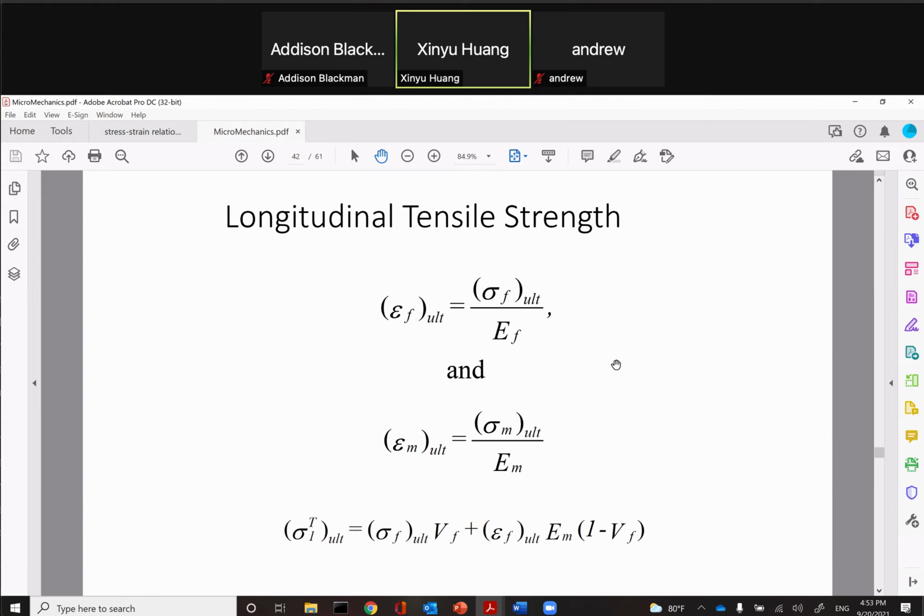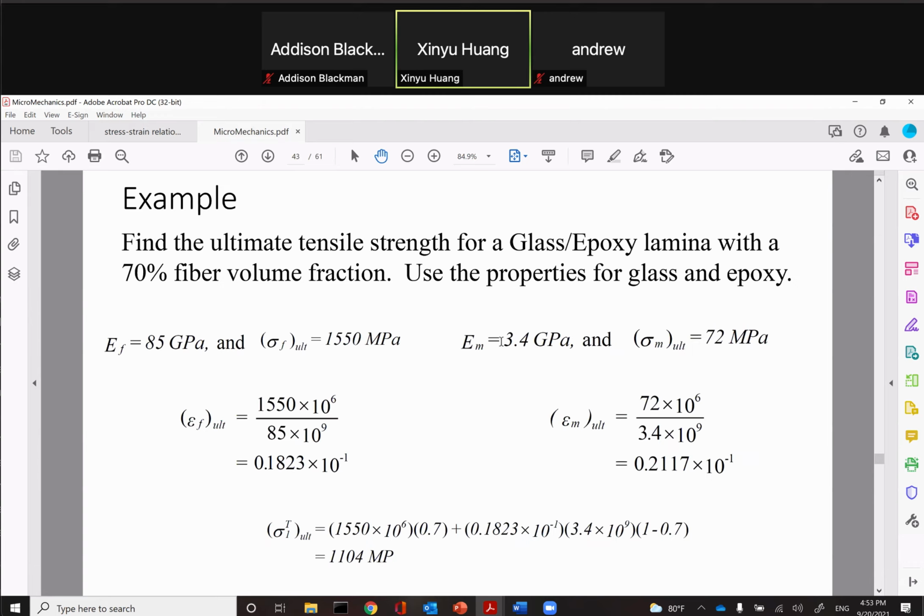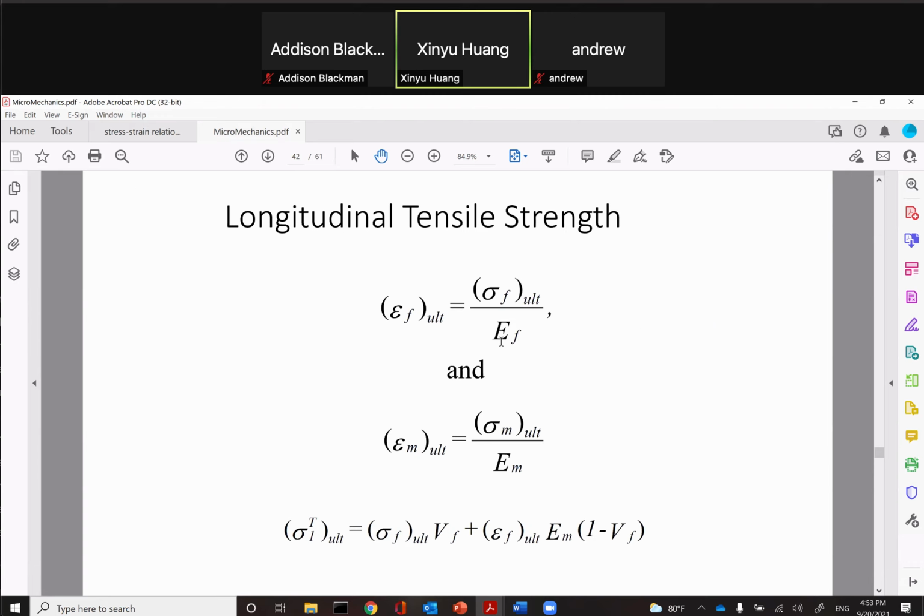What you put in there are the fiber properties, sigma f, the fiber strength, and then your matrix modulus and fiber failure strain, and this whole thing is an estimate of the composite failure stress. Okay, and that's how you use it.